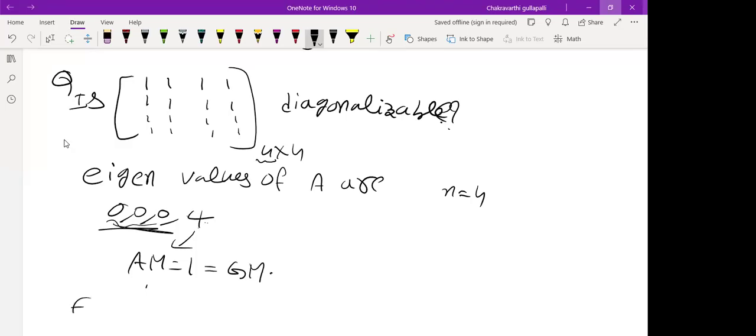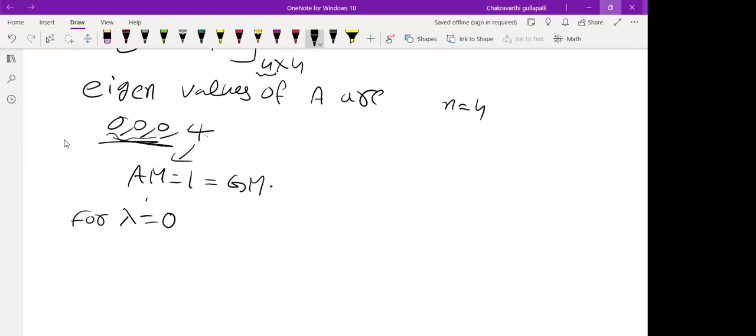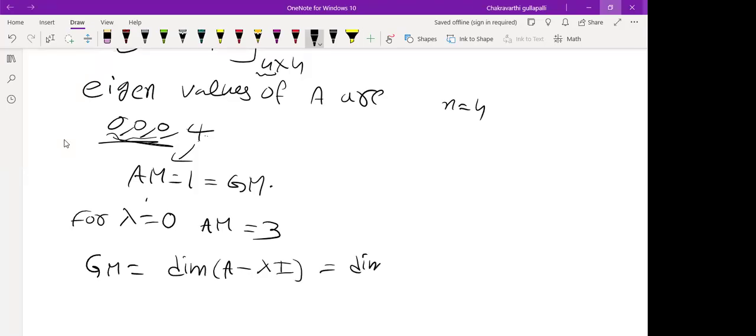So for 0, this is a repeated eigenvalue. What is its algebraic multiplicity? It occurs 3 times. Now we have to find the geometric multiplicity. GM is equal to the dimension of A minus lambda I, which is A minus 0I, because 0 is the repeating eigenvalue. So the dimension is n minus r.